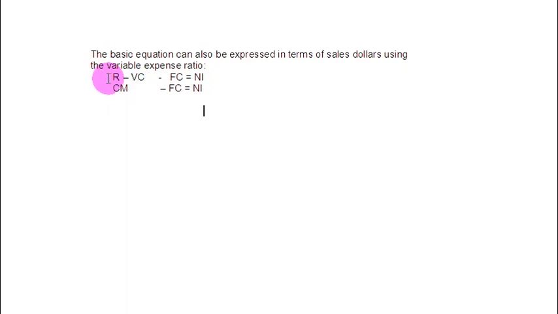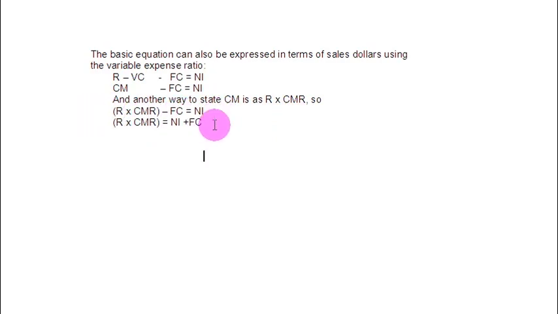The first step is just to replace revenue minus variable costs with contribution margin. Contribution margin can be defined as revenue times the contribution margin ratio. So we're going to replace contribution margin with revenue times contribution margin ratio. So we end up with this formula. Then, similar to what I did previously, I just add fixed costs to both sides. And finally, I just divide both sides algebraically by the contribution margin ratio.